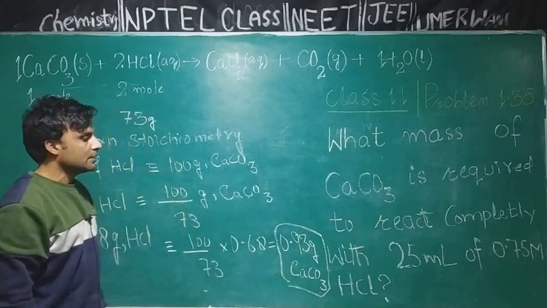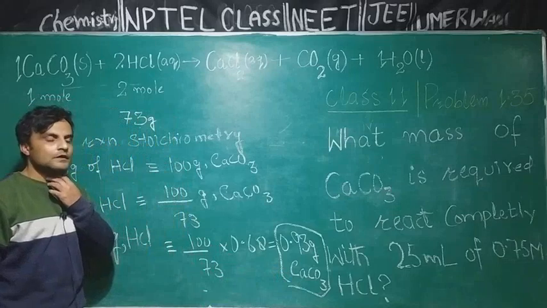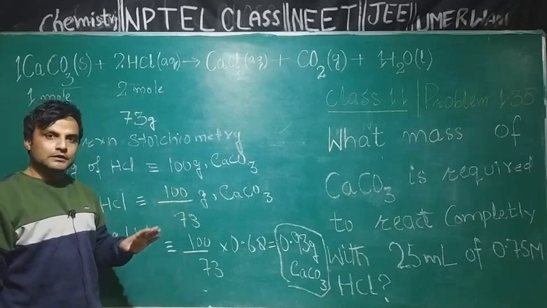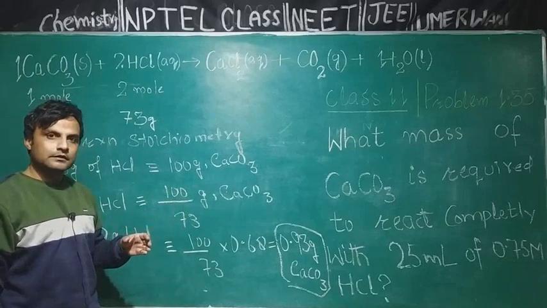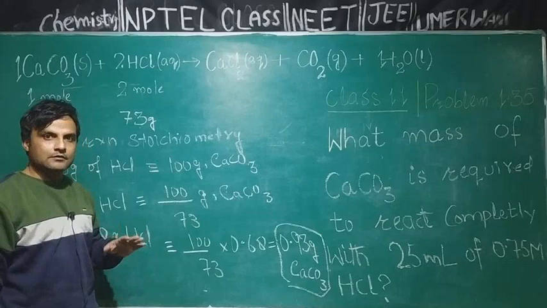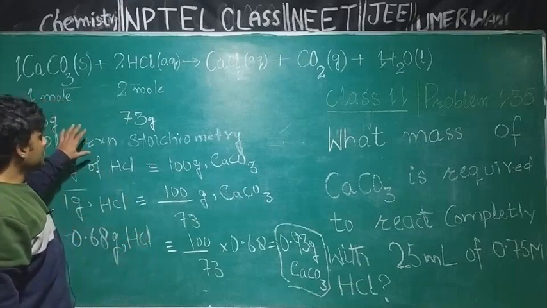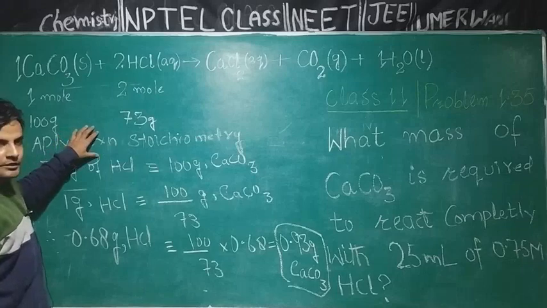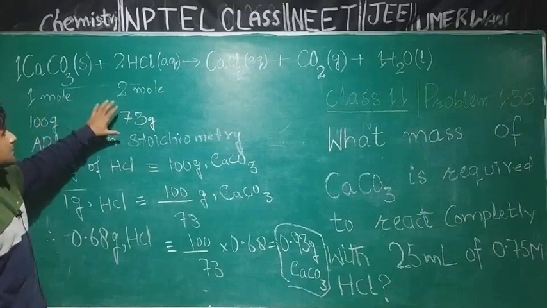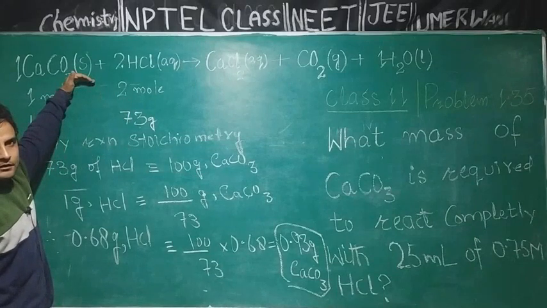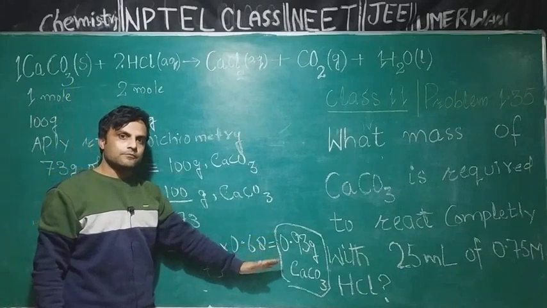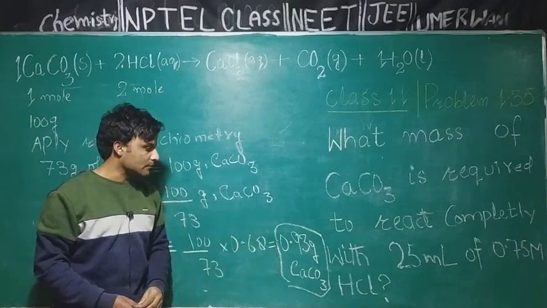So the idea was that first I used the molarity equation to calculate the dissolved mass of HCl in its aqueous solution, and then I used the relation between the reacted masses of calcium carbonate and HCl, conveyed by reaction stoichiometry, to find the mass of calcium carbonate, which came to 0.93 gram.